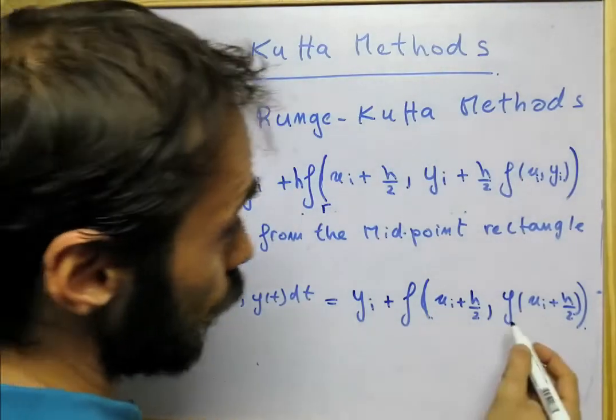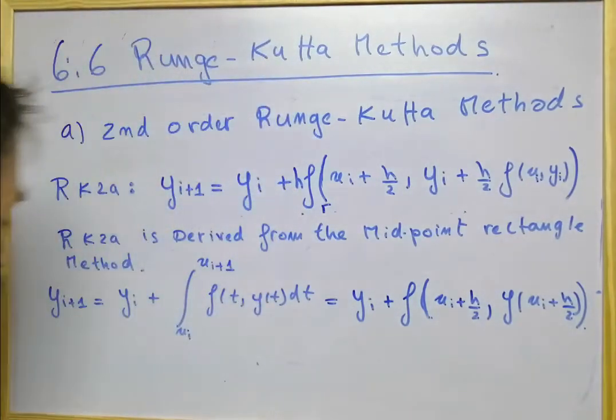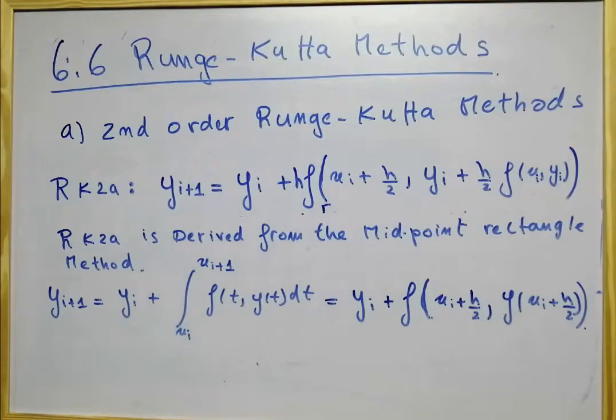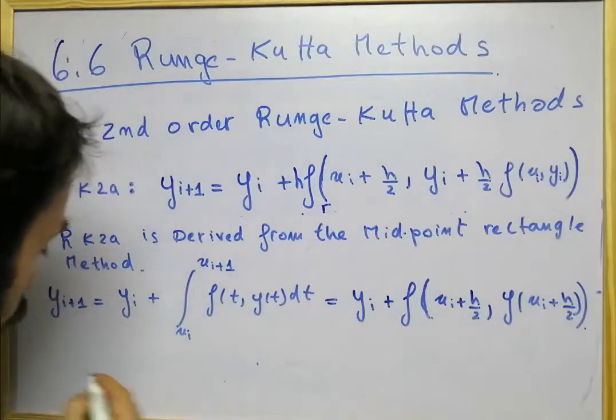Now, for the y of x i plus h over 2, we need to find an approximation.